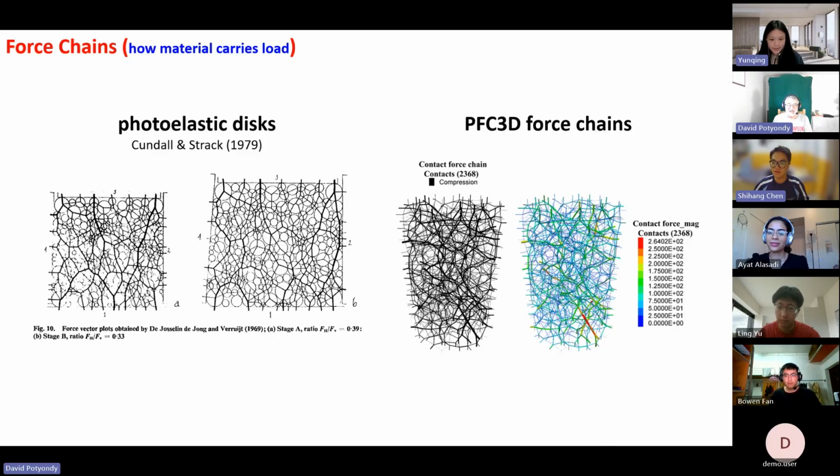Okay. Yeah. I have seen some papers about the photoelastic methods. One of them is the paper from Ruben Jones in MIT, and his work is mainly about visualizing the force chain and even quantifying the force chain.